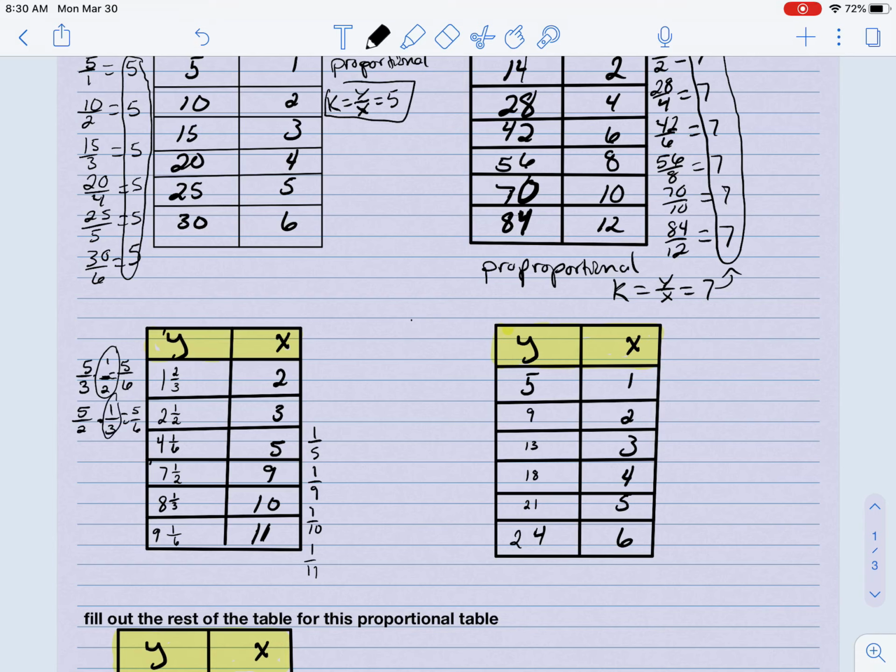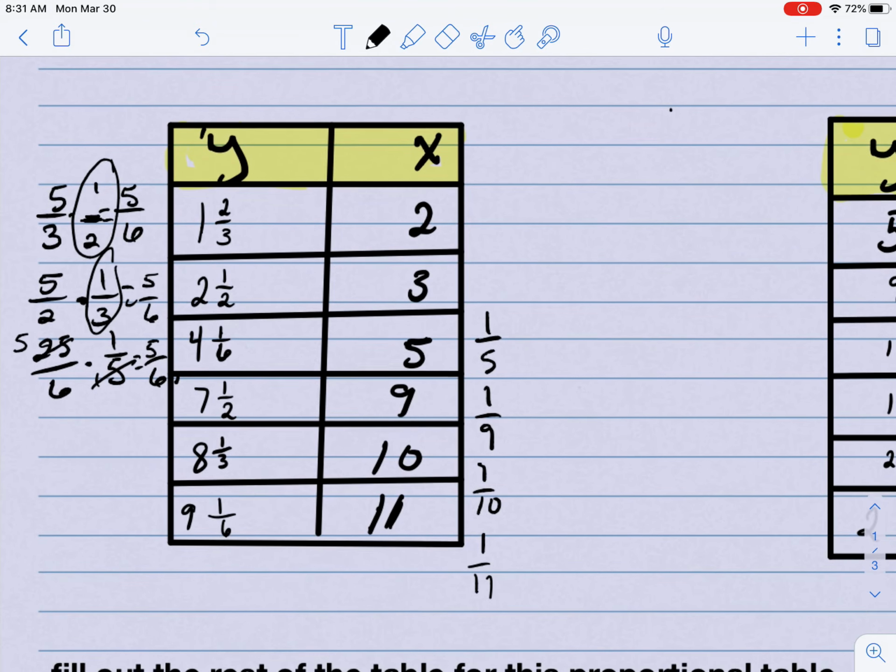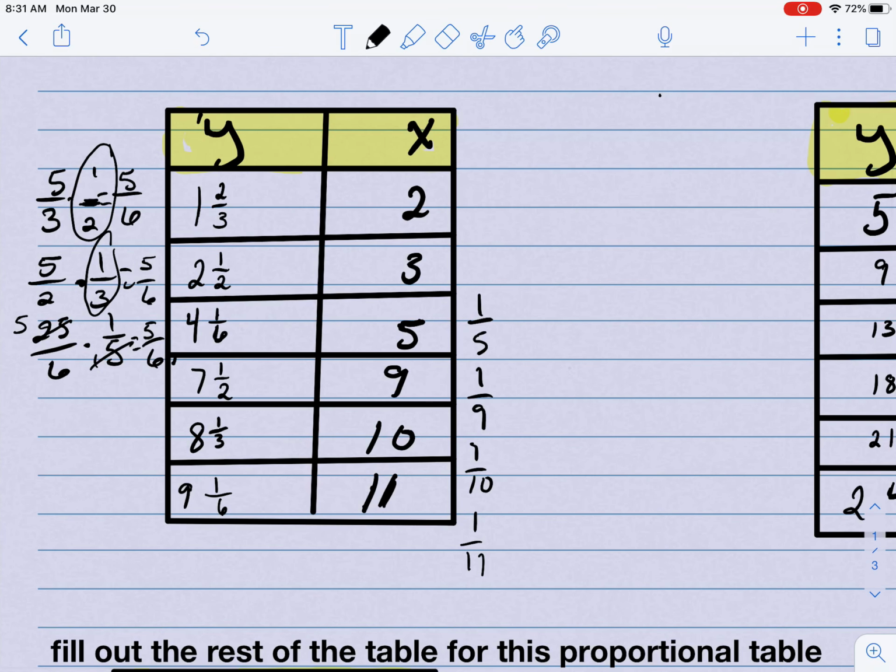Okay, continuing on, 4 times 6 is 24, plus 1 is 25. 25 over 6 times the reciprocal of 5, which is 1/5. We can just take 5 out of this, leaving us with 5 and that with 1, which equals 5/6. Let me zoom in here.